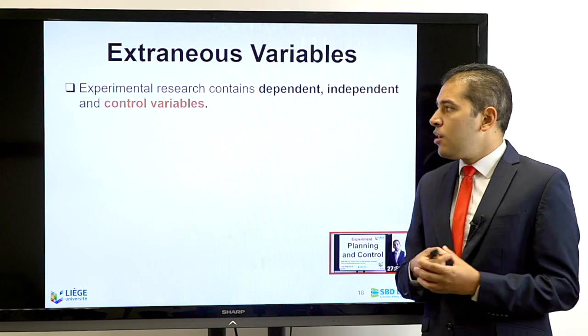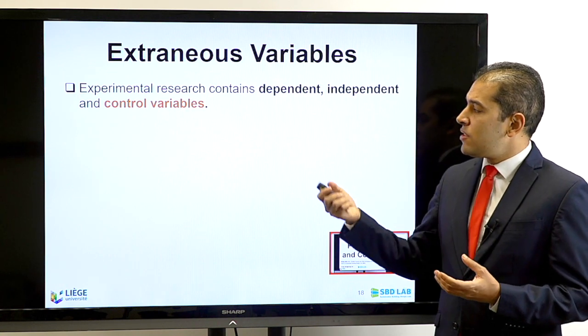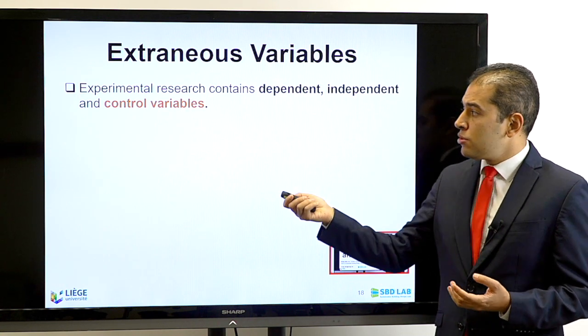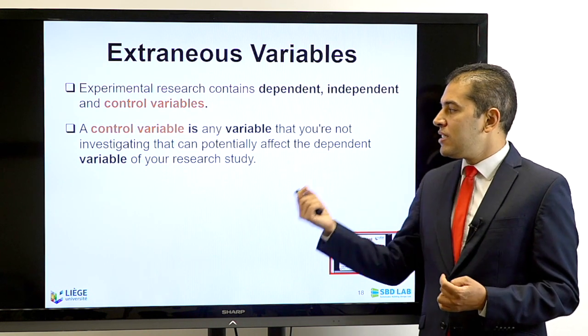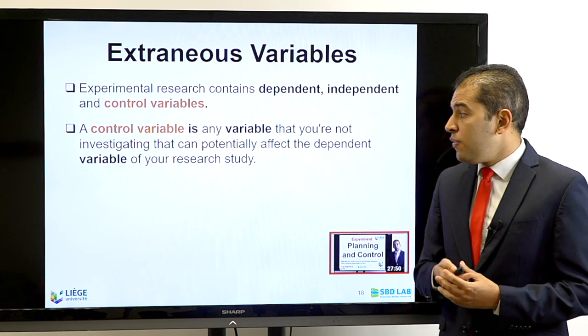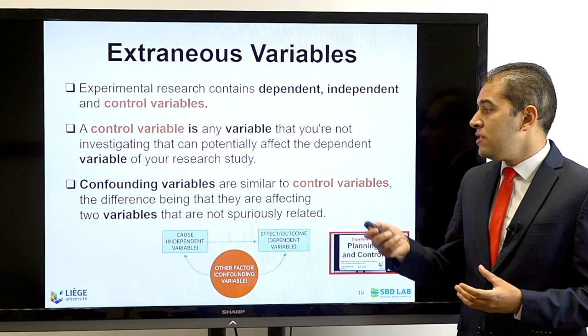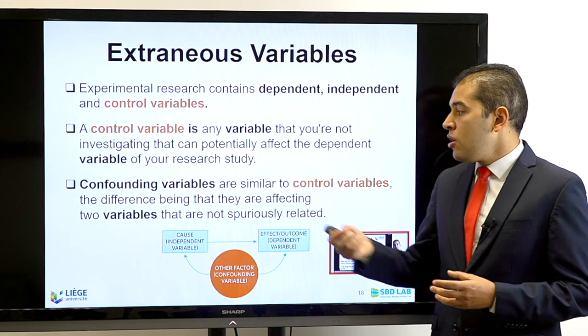Now, when we talk about extraneous variables or the control variables, a control variable is any variable that you are not investigating that can potentially affect the dependent variable of your research study, and therefore we are interested in controlling those variables.